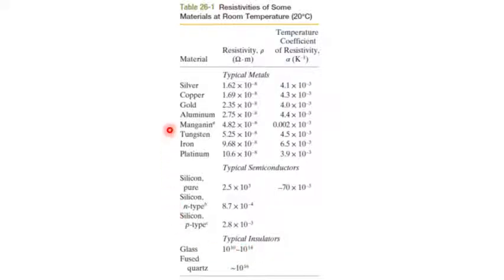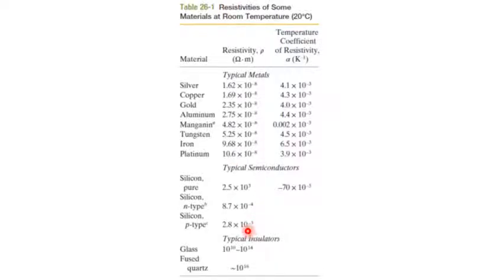So these are the two extremes: conducting materials, which have very, very small resistivity, and insulating materials, which have very, very large resistivity. In between, we can obtain some materials which are called semiconductor materials. In semiconductor materials, the resistivity is still small, but it is not of the order 10 to the power minus 8.